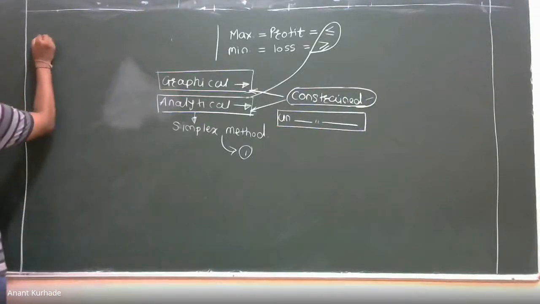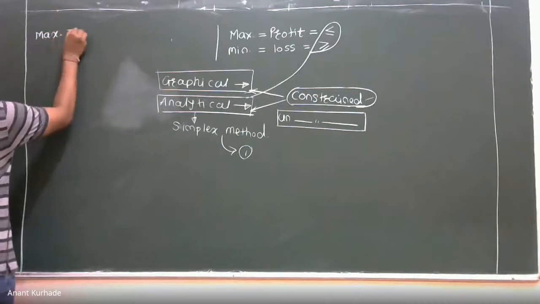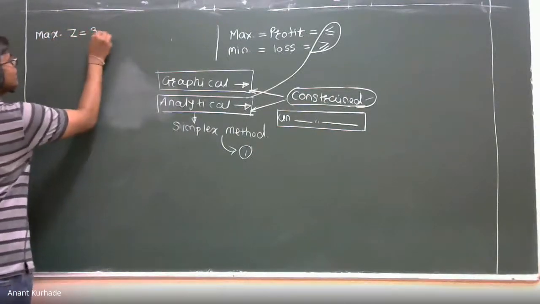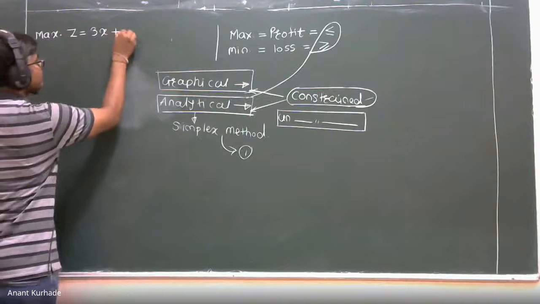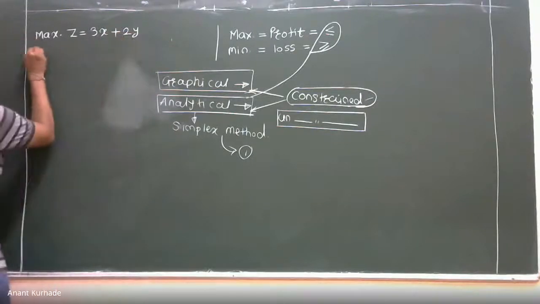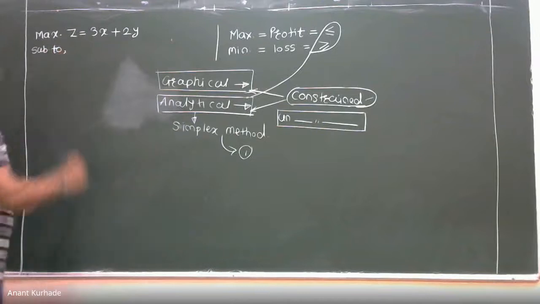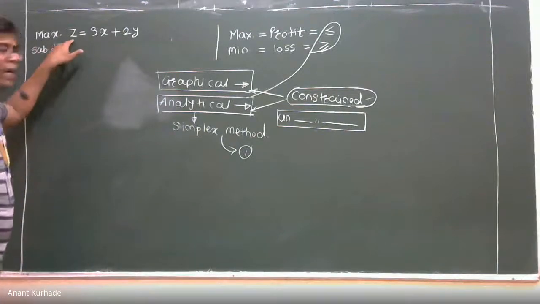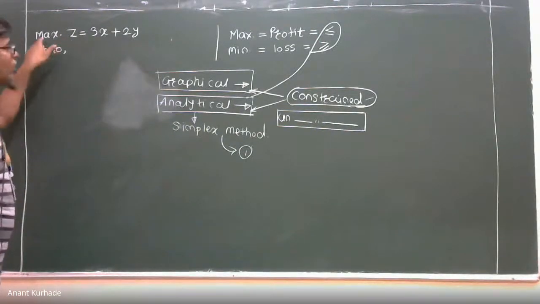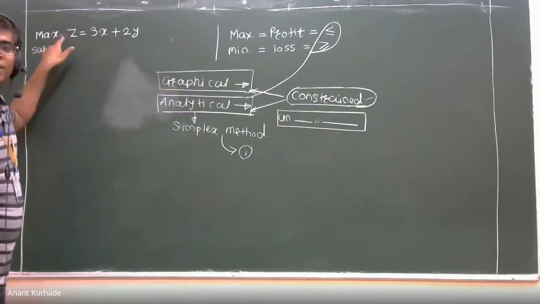I will write here. We can have it like this: maximize Z = 3x + 2y, continuing the previous example. Here you can find maximize or minimize.